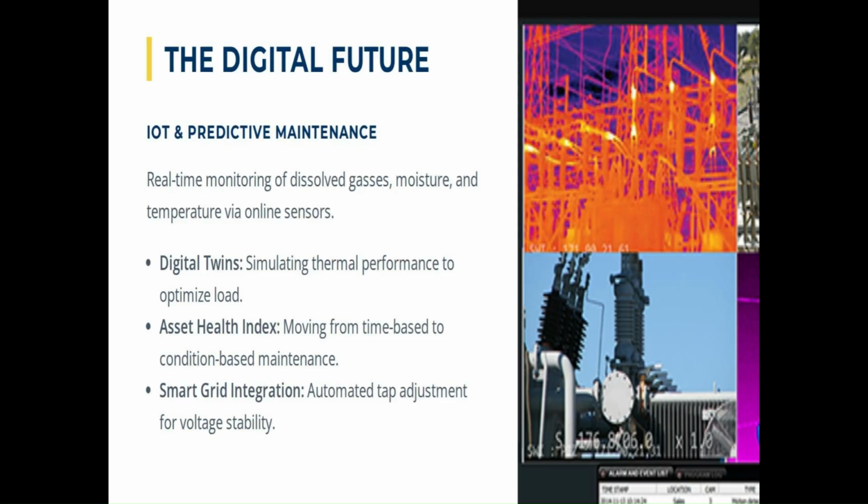But now, more action is taken for getting automated tap changing positions for maintaining the grid voltage stable and reliable. So, these are the new techniques emerging in case of transformers, that can be a power transformer or auto transformer or ICT.